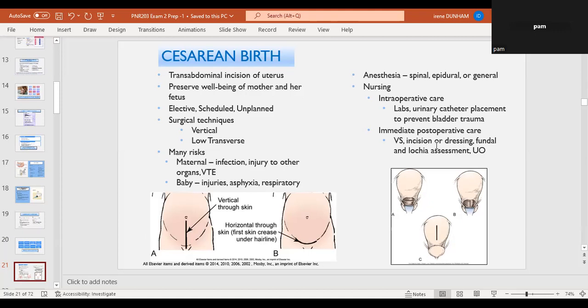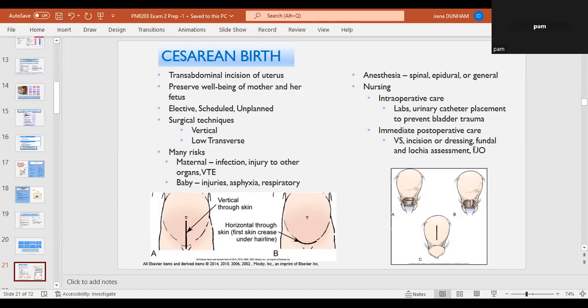Usually surgeons like to take off their first dressing. Then you have to make sure her fundus stays firm. These patients can bleed too. Even though we do a lot of suctioning during a C-section, they can bleed from that fundus. Remember, fundus has to be firm. So on a C-section, in the recovery room, I'm going to take my two little fingers and put them on top of that fundus. If I can't feel that fundus, I'm going to have to do some fundal massage.